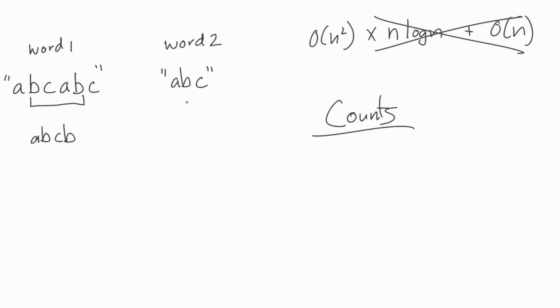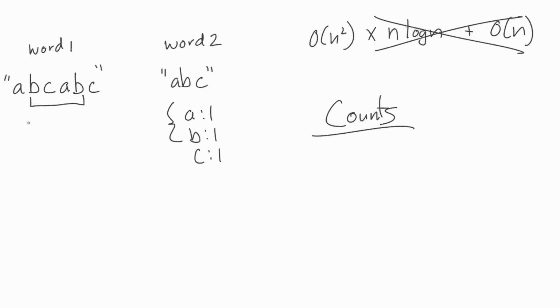So we'll see here that word 2, if we examine the counts, we have 1 A, 1 B, and 1 C. So as long as for each of these keys, we find complementary keys in the substring that are greater than or equal to this, we know that we could rearrange this to match this prefix, right?